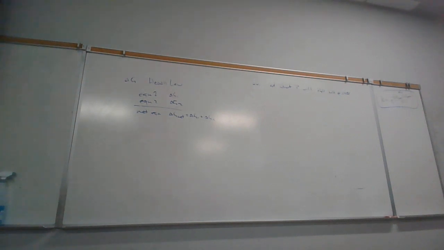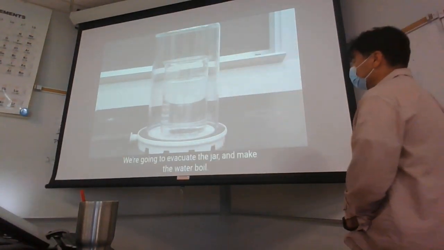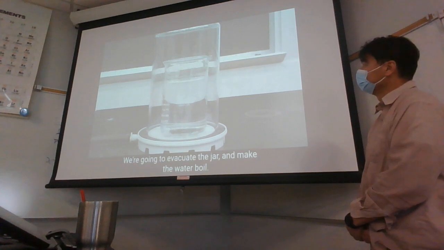We think of the normal boiling point of water as being 100 degrees Celsius, but that is because we are at 1 atmospheric pressure. This water is currently 21 degrees Celsius. We're going to evacuate the jar and make the water boil.